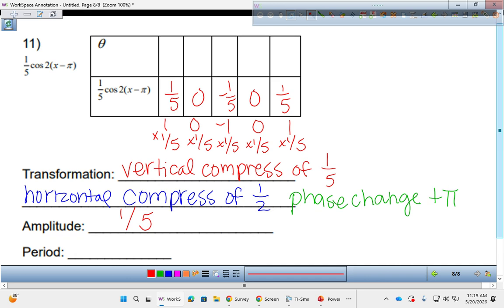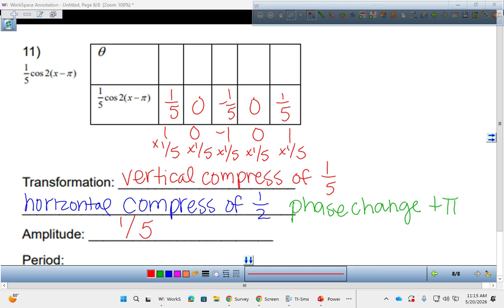So I am gonna do this kind of off to the side here. I know there's not a lot of space, so maybe on the bottom part of your toolkit. I'm gonna take the first x value of 0, and give it a horizontal compress of 1/2. So I'm gonna multiply it by 1/2, and do that math first.